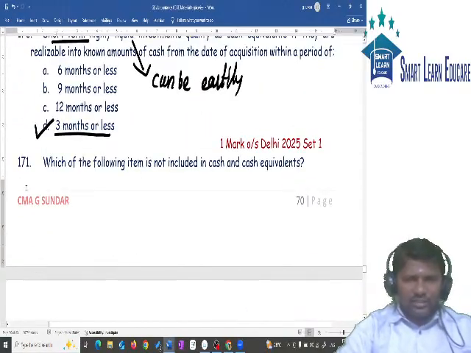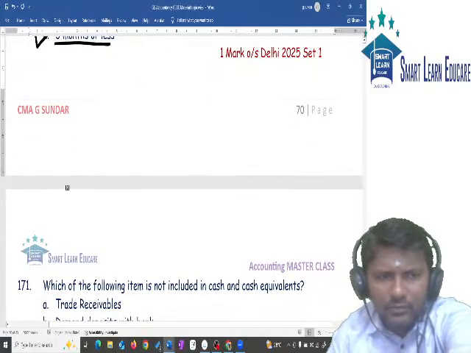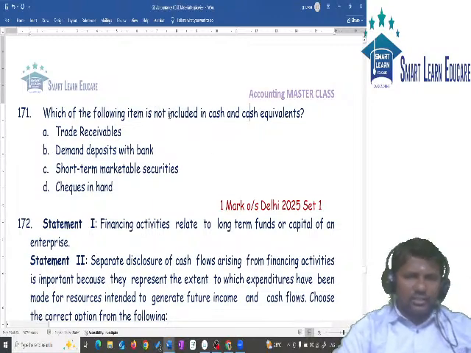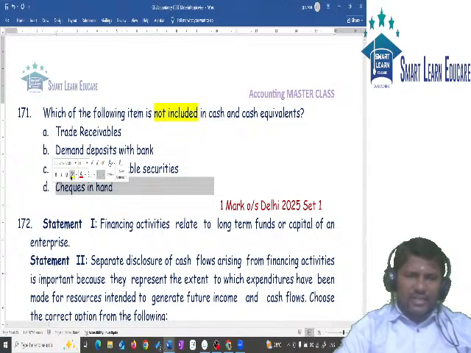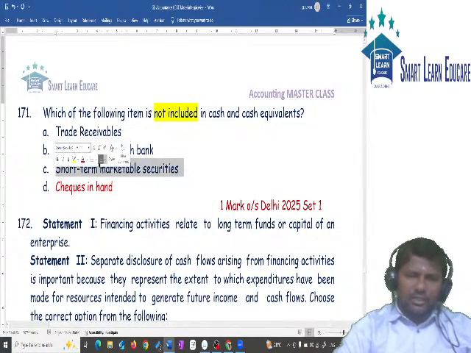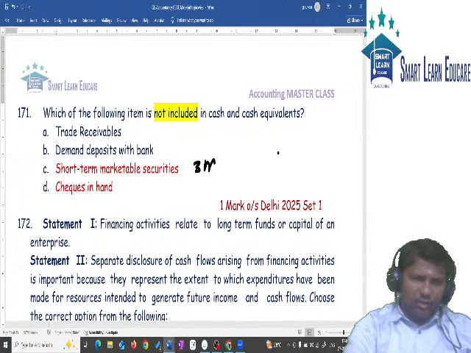Next one, which of the following is not included in cash and cash equivalent? A cheque is treated as cash and cash equivalent, and short-term marketable securities within a period of 3 months are also treated as cash and cash equivalent.